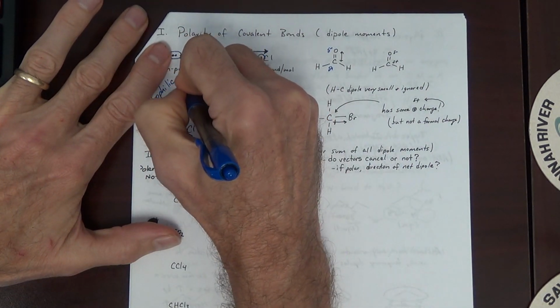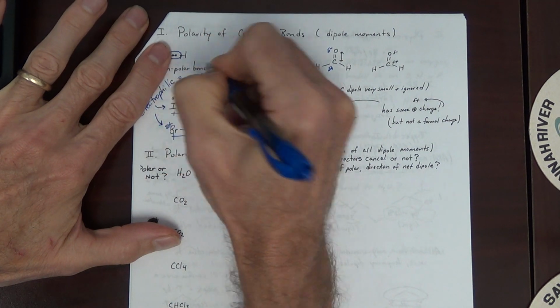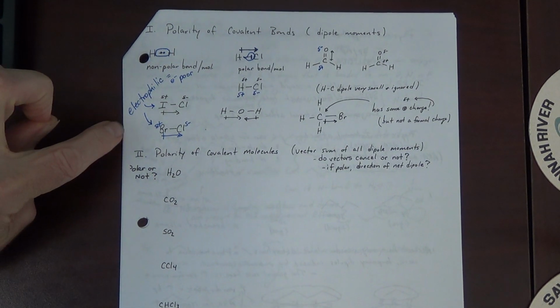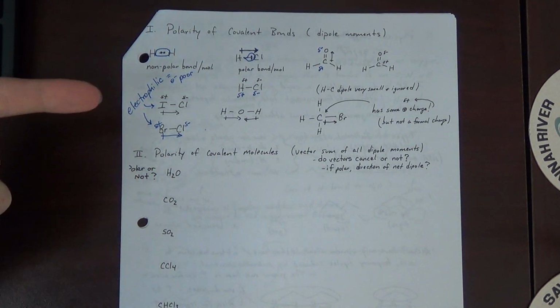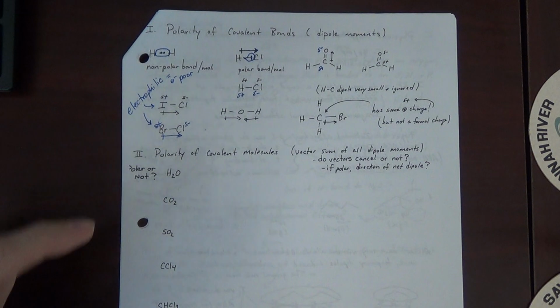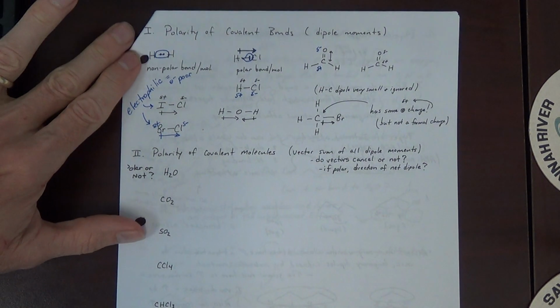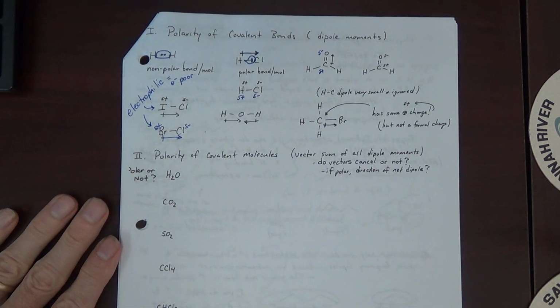Electrophilic equals electron poor. Things that are electron poor will like to have electrons. They're electron poor because the chlorine is electronegative and it has pulled the electron density away from the iodine or bromine.